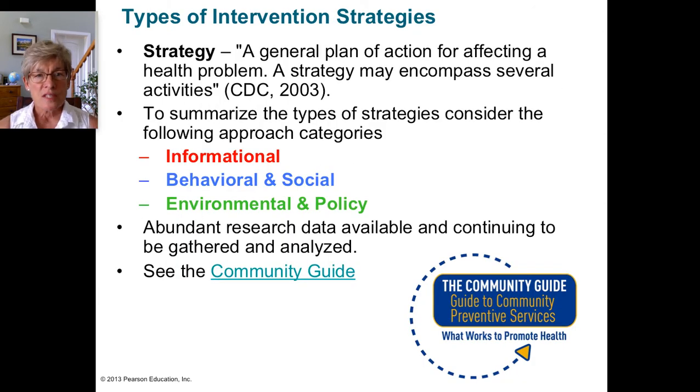So in terms of the types of intervention strategies, first of all, a strategy is a general plan of action for affecting a health problem. It may encompass several activities. And to summarize again the types of strategies that we're going to consider, we will look at informational, behavioral and social, and then environmental and policy strategies.